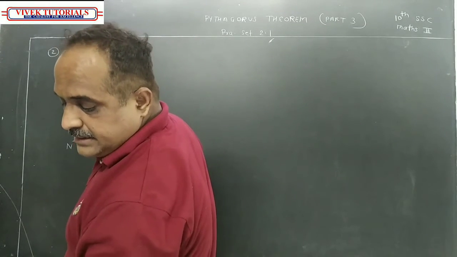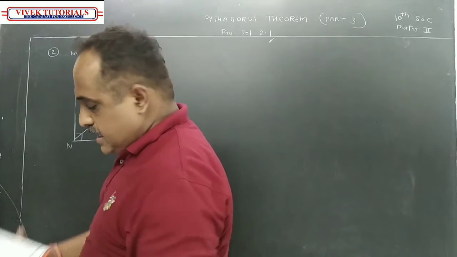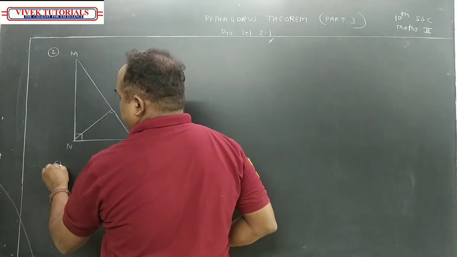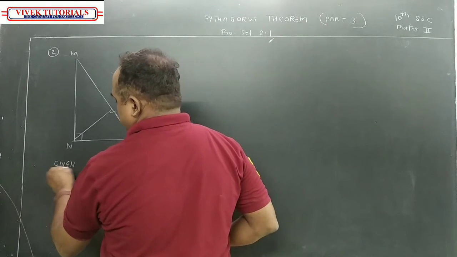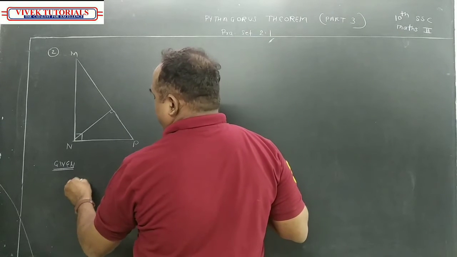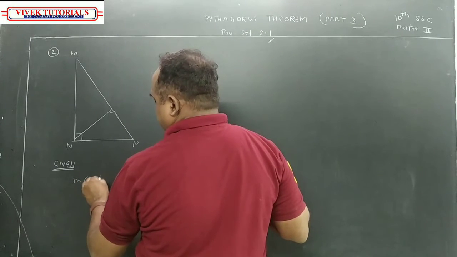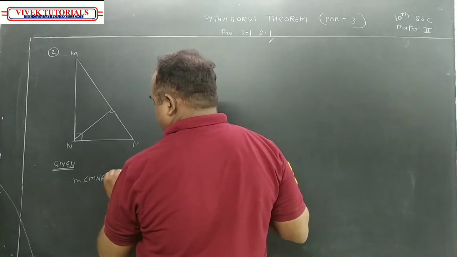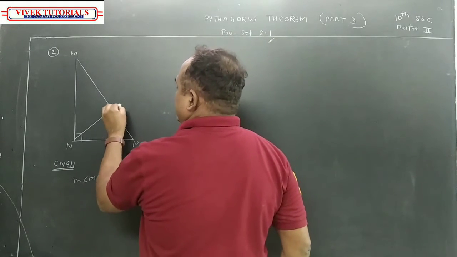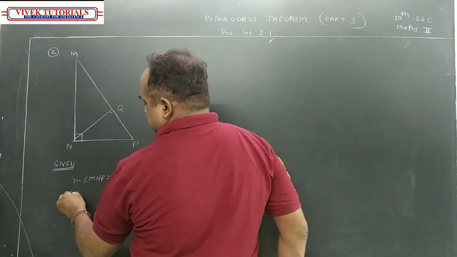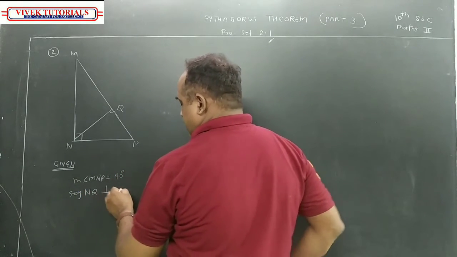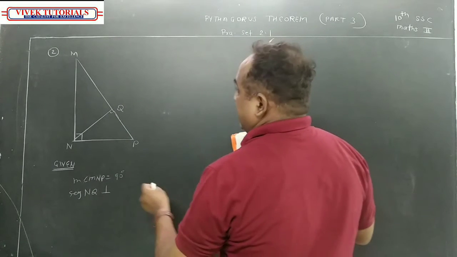If you see the question, they have given that measure of angle MNP is equal to 90 degree, segment NQ is perpendicular to segment MP.